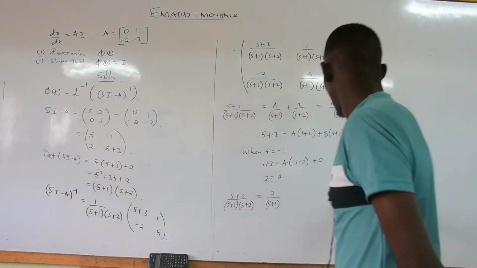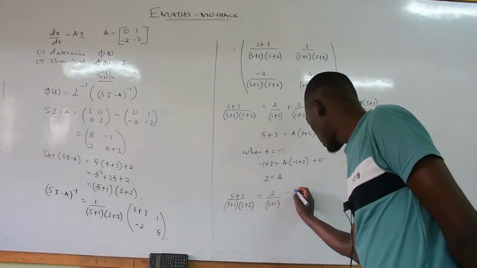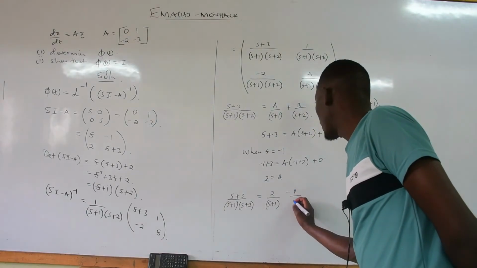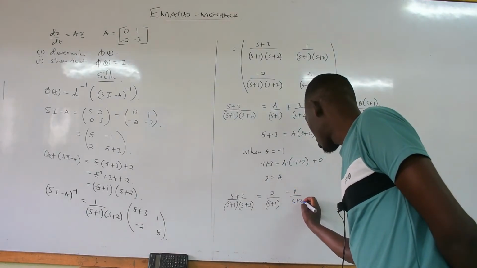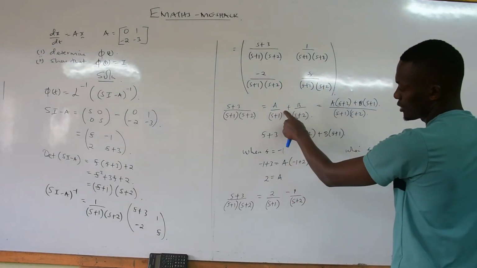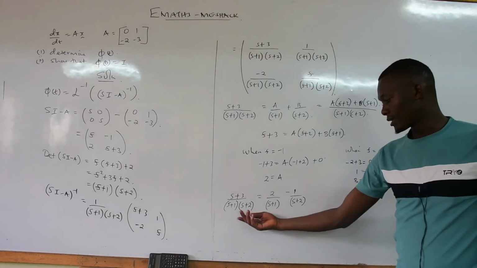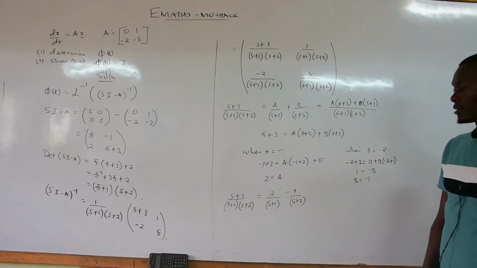Then our b is negative 1, so I'll have minus 1 over s plus 2. I've just multiplied the 1 with the positive. So negative 1 here and we have a positive here, so it just becomes minus 1. So therefore this part has been given by that.